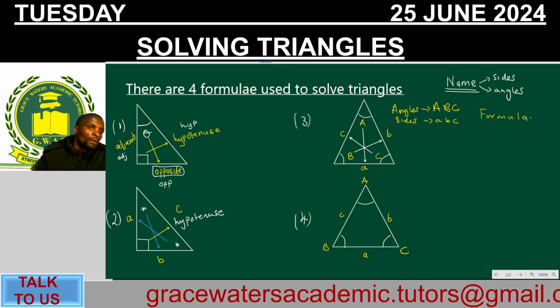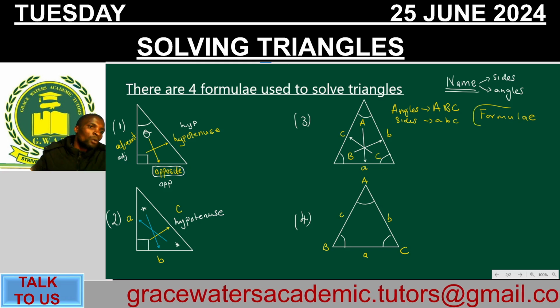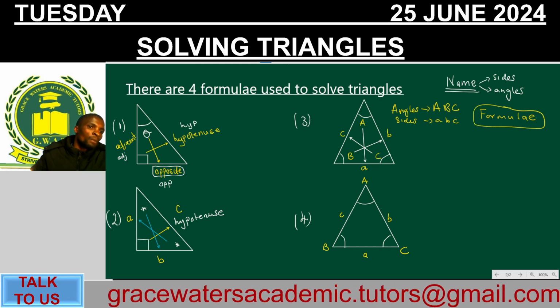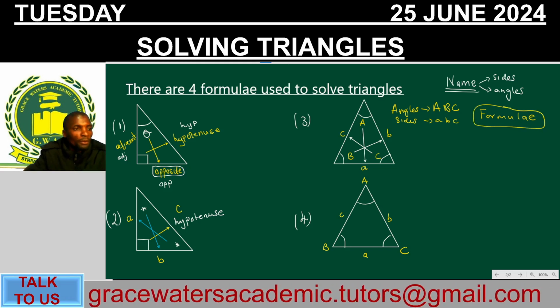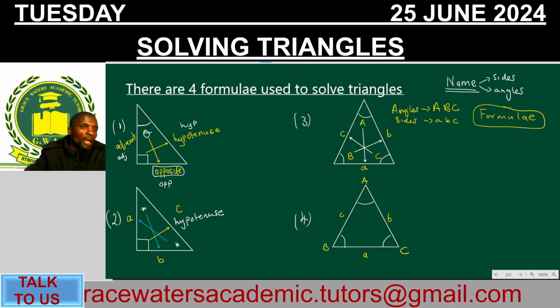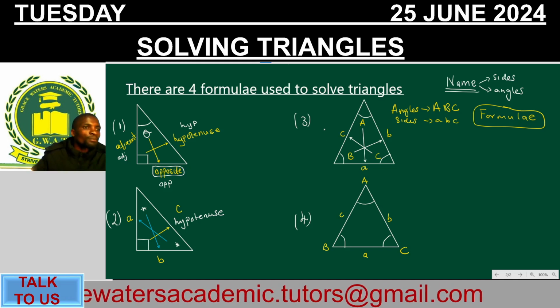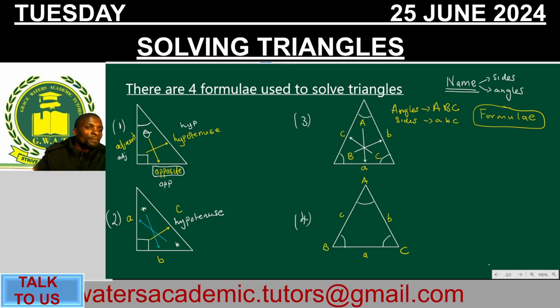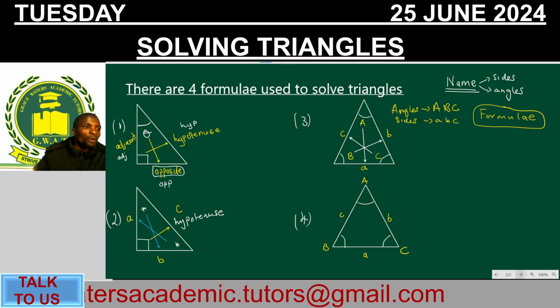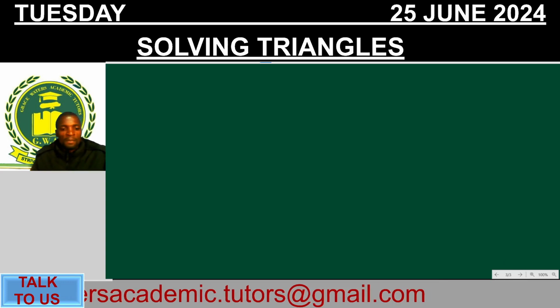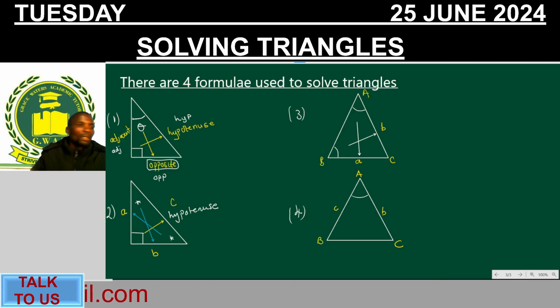All right, so we need to look at the 4 formulae now, because you cannot understand the four formulae before you understand how to name. Now let me give you the formula that we use here. Okay, so now I have these and I've made just a few adjustments on them.